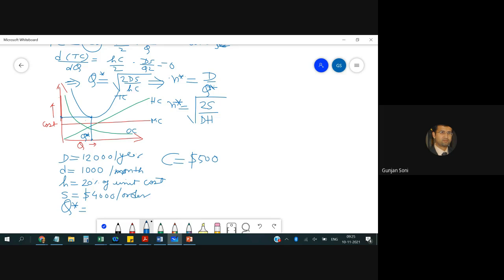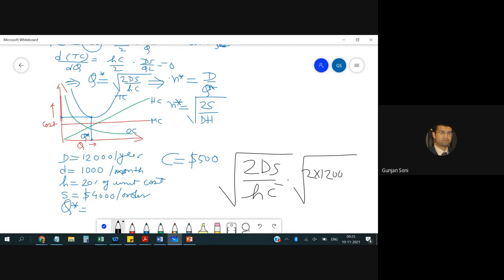Yeah. So it's coming out somewhat like this: square root of 2DS by H. So you can see it is 2, the demand is given as 12,000, and S is 4,000.